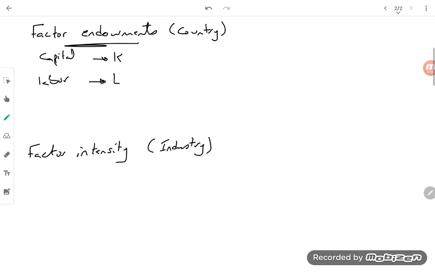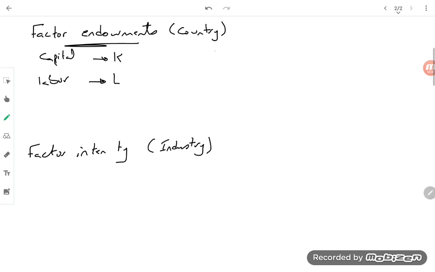And we would like to compare which one of them has more capital and which one has more labor. But according to assumption number 2, we have to rely on the relative value, not the absolute one.